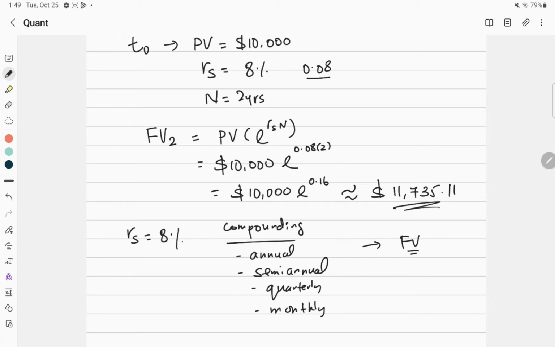So you have some present value, some initial investment you put in at an 8% stated annual interest rate, and depending on what type of compounding is used, we might arrive at different future values for that present value. So let's see that.